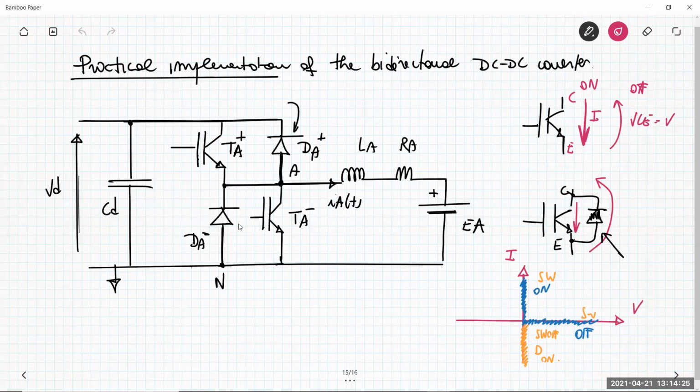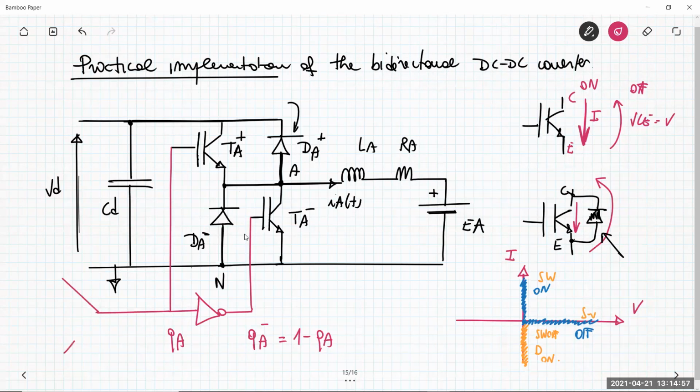So basically here you have in this switching power pole two IGBTs in a totem configuration, if you want. They are commanded by two signals that are one the complementary of the other. So you have QA and then you have QA minus, which is 1 minus QA. And here you have your comparator with the triangular wave and the control voltage.